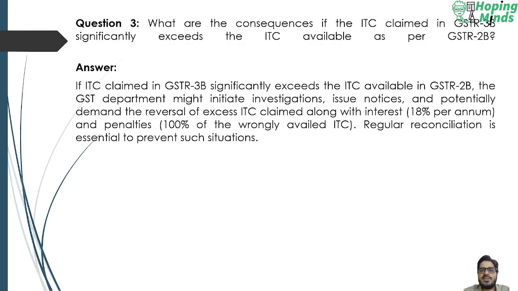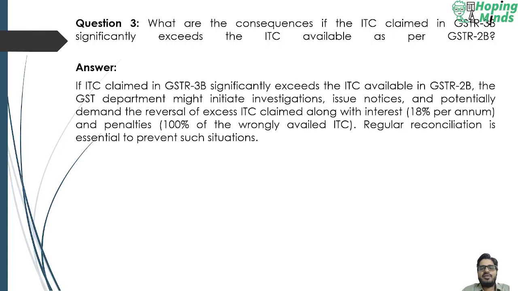What are the consequences if the input tax credit claimed in GSTR 3B significantly exceeds the ITC available as per GSTR 2B? Previously a variation of 10% or 20%, and finally 5%, was allowed to be taken.